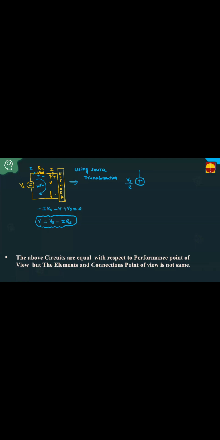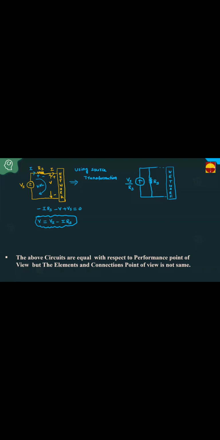In the explanation of the practical current source, we know that practically a current source has a resistance in parallel with the source. You have to connect a parallel resistance, this is Rs. Using source transformation, this is Rs. Now this current source is connected to the network.